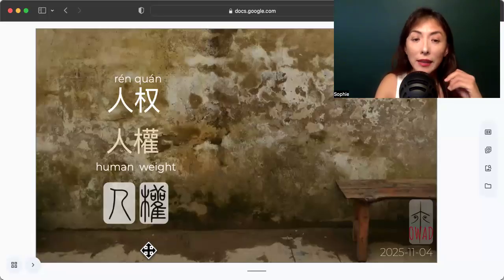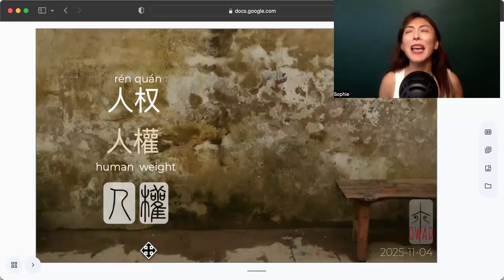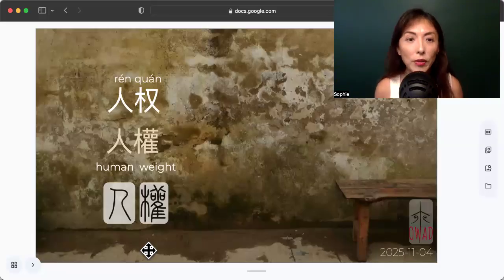So this then becomes the concept of right, that is, how much you value something. And human right is simply to value humans' lives or humans' opportunities.